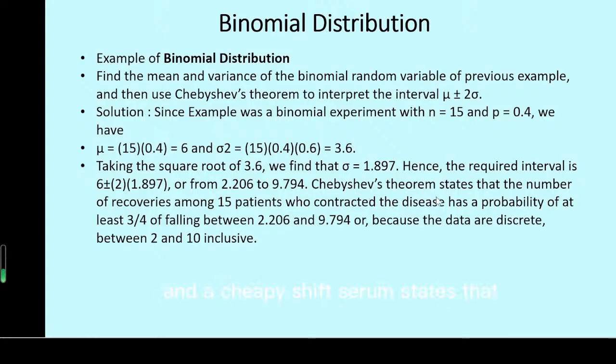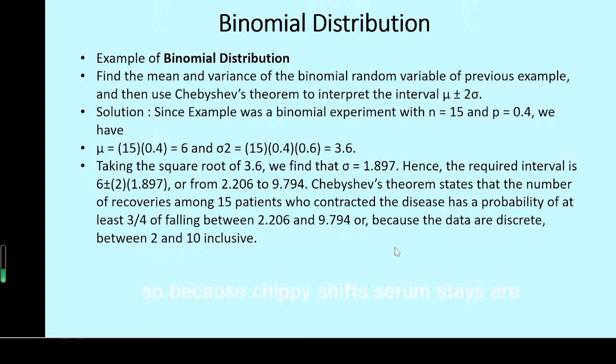And Chebyshev's theorem states that the number of recoveries among 15 patients who contracted the disease has a probability of at least 3/4 of falling in this range.